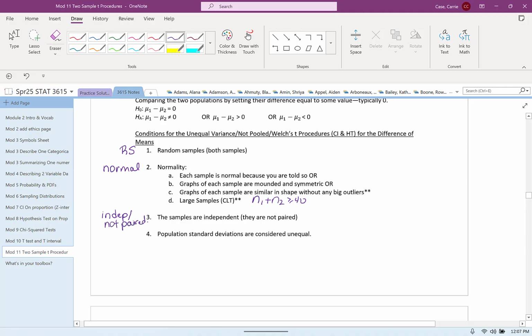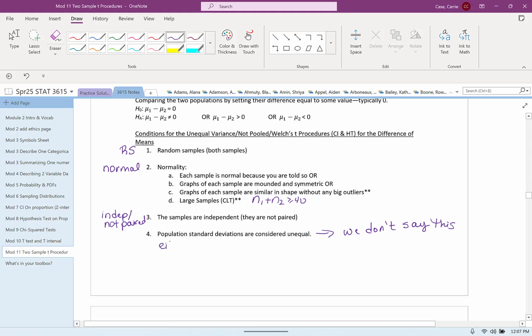And then population standard deviations are considered unequal. We don't actually say this. This is what we tried to show with the pooled test.